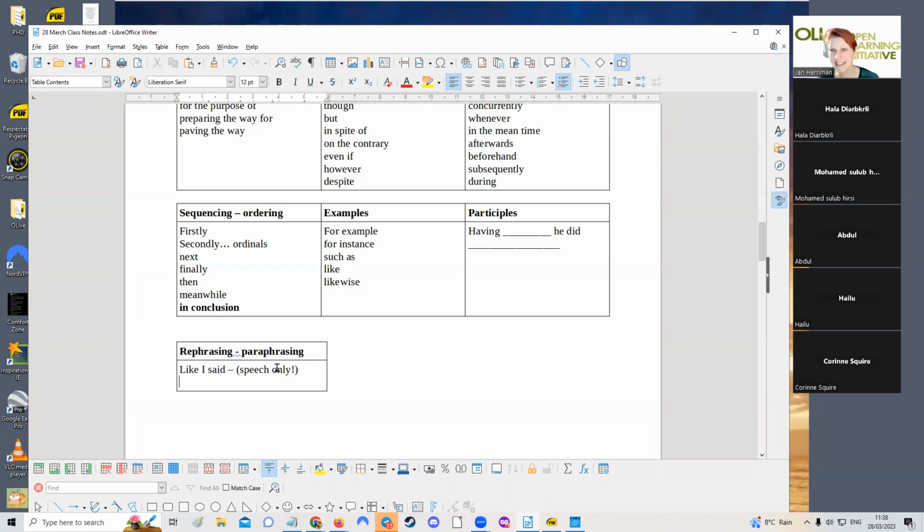You don't want to write that in your academic essay. Absolutely not academic language. Perfect for your speaking. As explained. As shown.